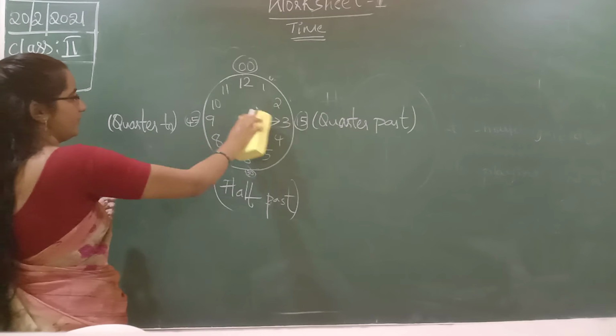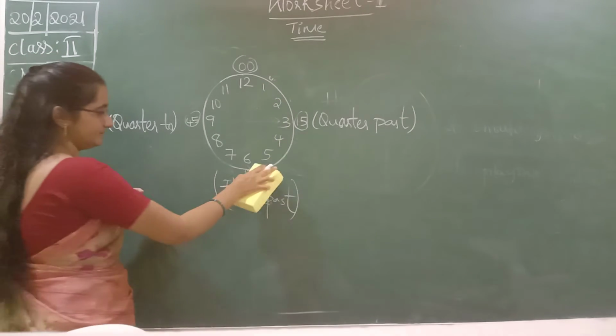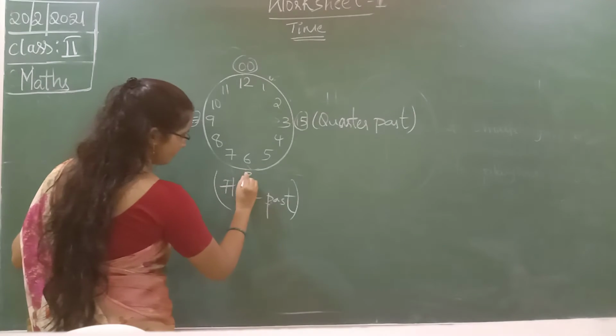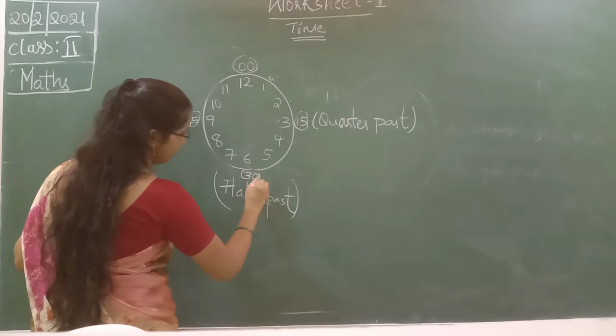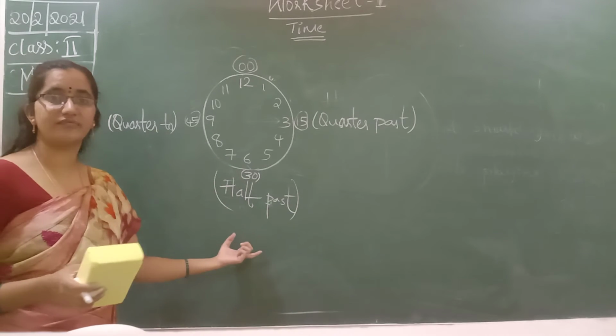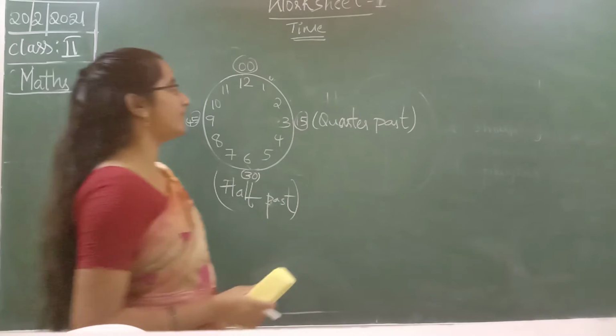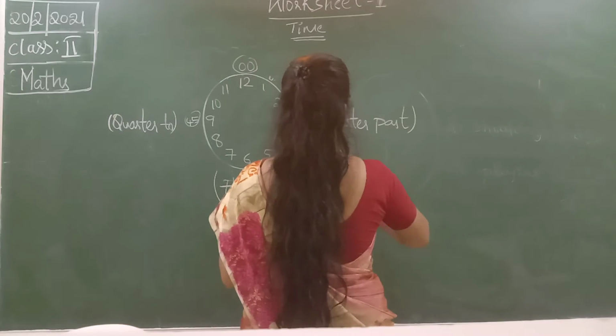Whenever the minute hand is at 6, it is 30. If the minute hand is at 6, the value is 30, and in words we write it as half past.